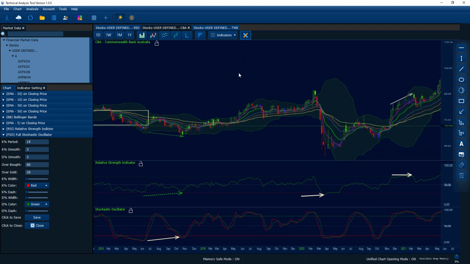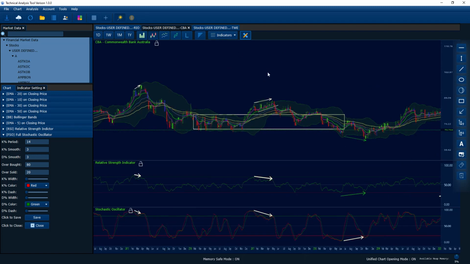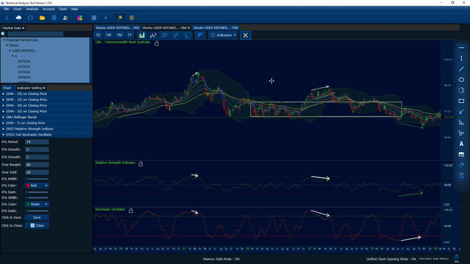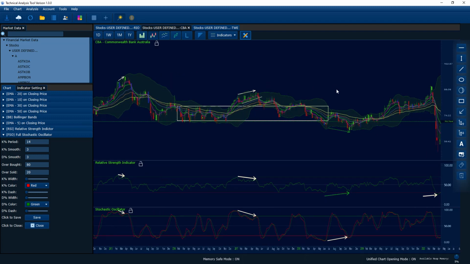Okay, so I went through a lot of analysis here, but the most used area, as we can see, is just the divergence of the RSI. The bearish divergence appears much more often than the bullish divergence.